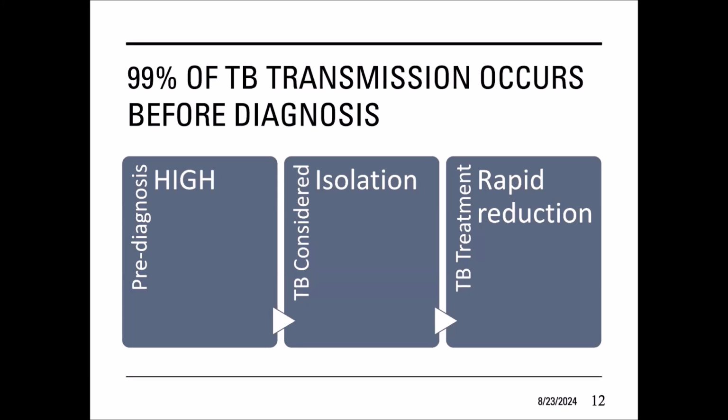So the box on the left, the pre-diagnosis period, which can be weeks or months in some cases, there's a much higher risk of transmission then. In the middle box, once the doctor considers TB, the patient is put into isolation and transmission is going to be greatly reduced from that point on. And then when the patient is put on TB treatment, there is rapid reduction in transmission within the first 5 days of treatment.